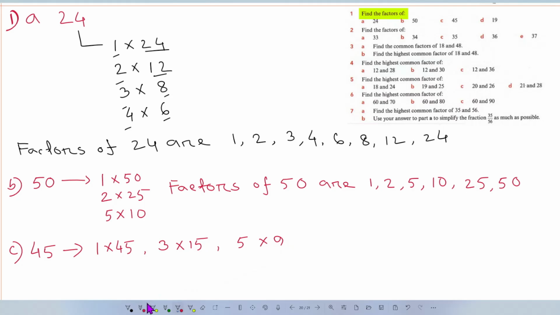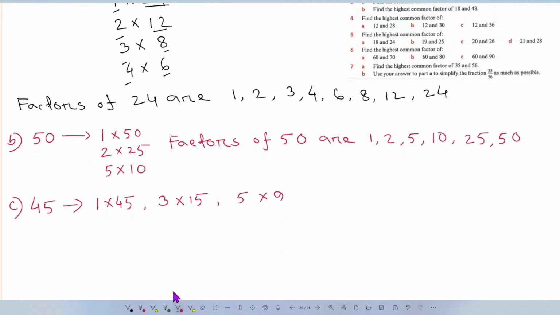That's enough. So the factors of 45 are 1, 3, 5, 9, 15 and 45. Okay.